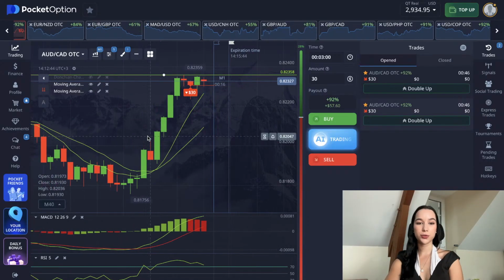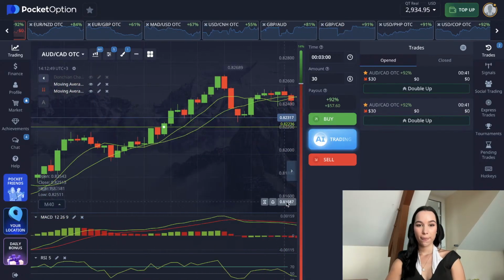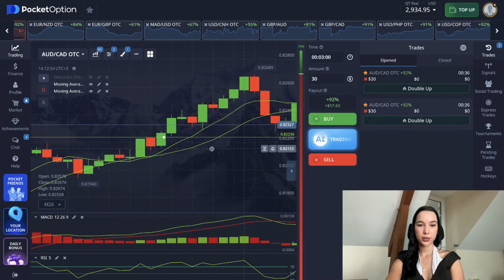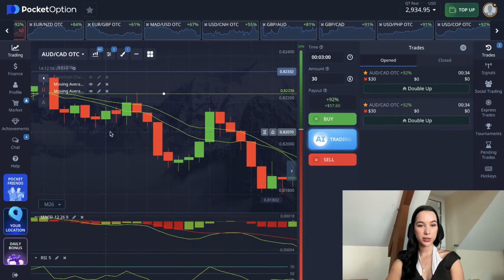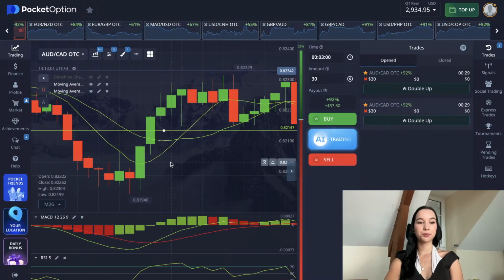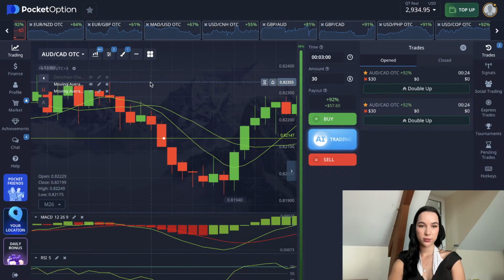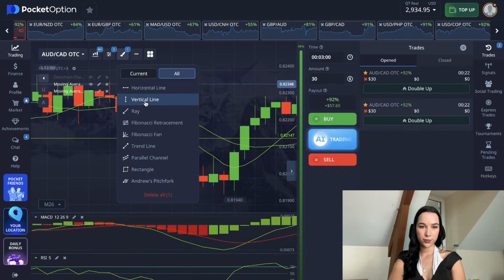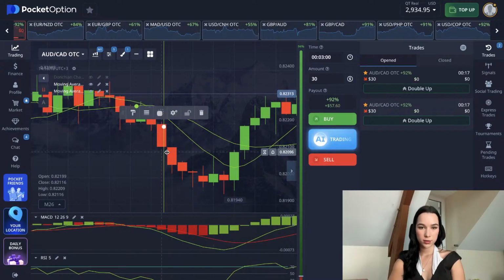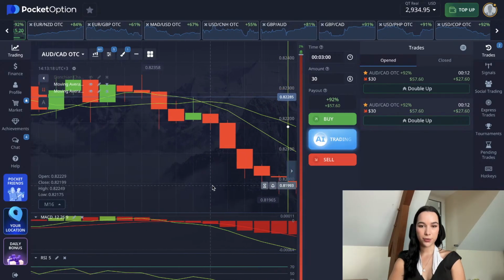We will try to find it. Here is not actually a pretty good example, because it will take a lot of time to find it. So let's imagine that this is the end of the downtrend here.